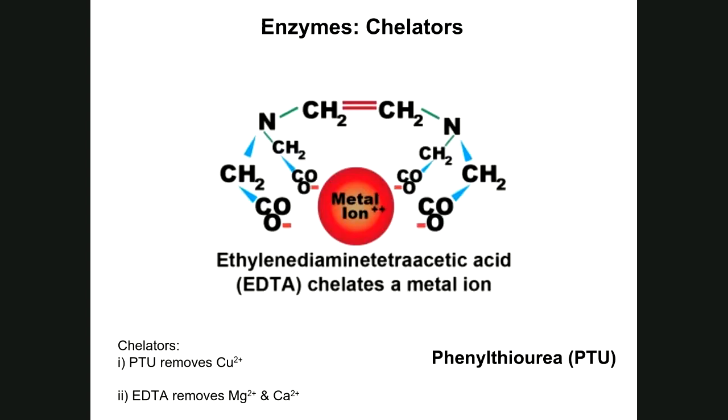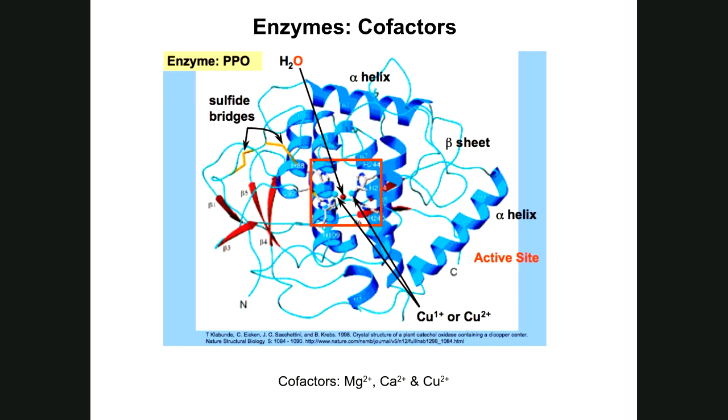However, in the other test tube, where you would have added the PPO in solution, the reactants in solution, which would have also had all 3 ions, except now you add PTU, you would have seen a different result. You would have noticed the solution didn't brown because the PTU removes the copper ions from the solution.